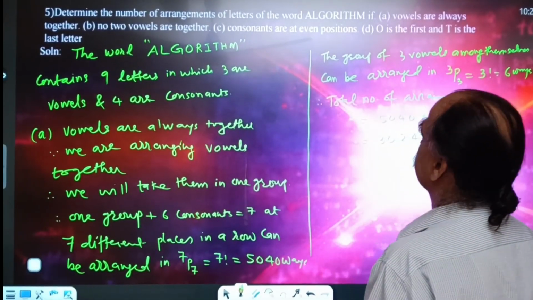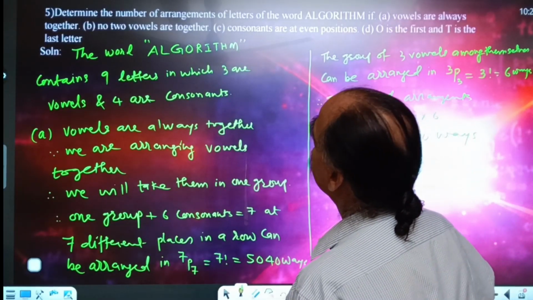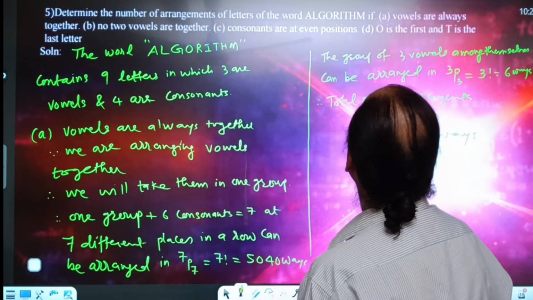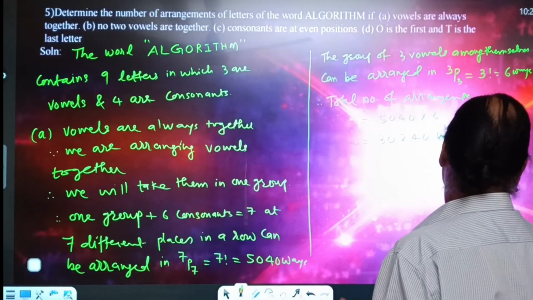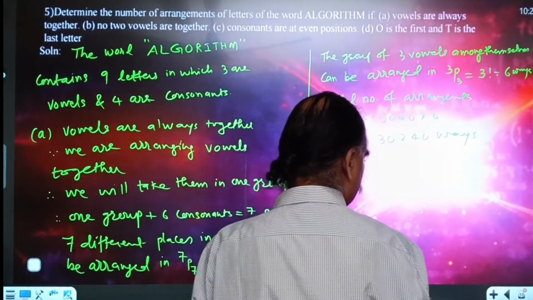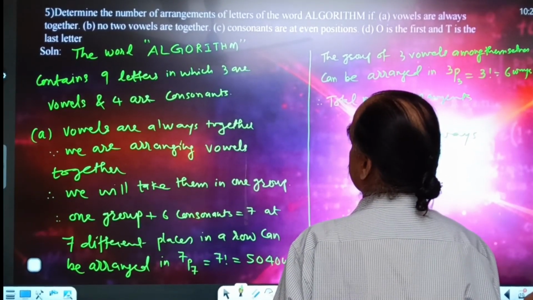No two vowels are together. Case 2 is what? No two vowels are together.